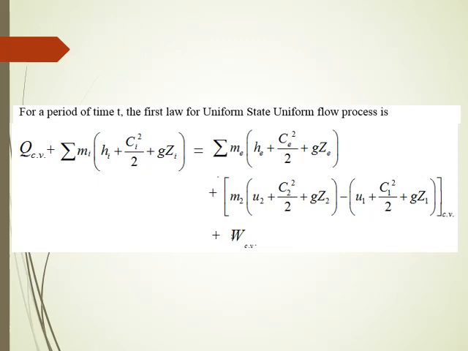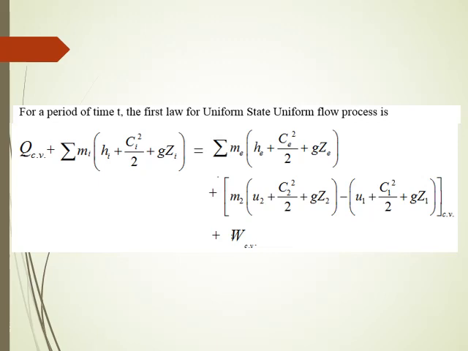Now substituting all these terms after integration in the energy equation, we get this as the equation for the uniform state uniform flow process. The first term, Q_cv, is the heat transfer occurring for the time period t. The second term on the left hand side denotes the total energy associated with the incoming streams.